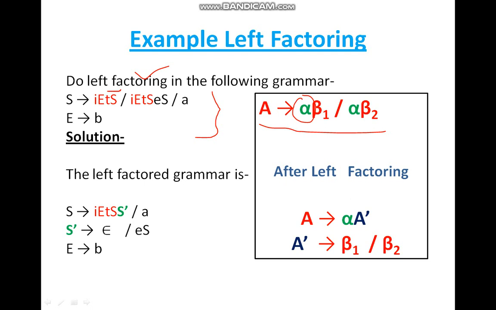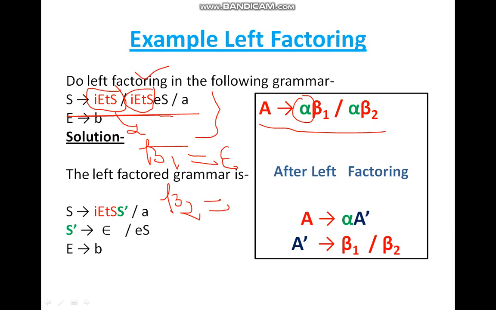If you closely notice, iEtS, this is alpha. And what would be beta 1? Here there is nothing, so you can write epsilon. And what would be beta 2? Here we have eS, so write a small eS.